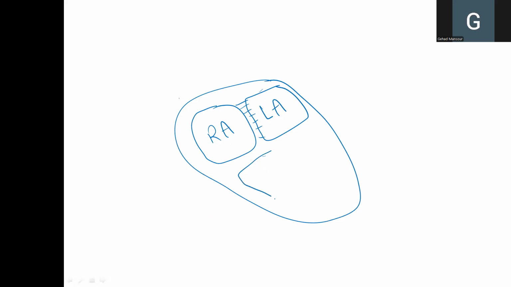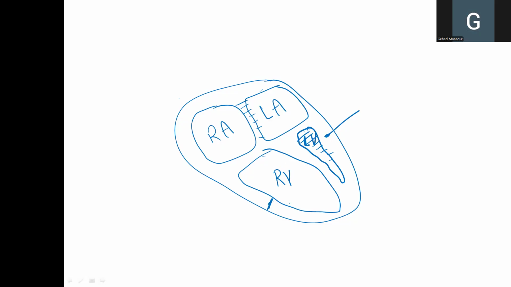Then we draw the right ventricle that takes most of the anterior surface of the heart, and that has a certain thickness of the myocardium. And then we draw the left ventricle, and there is a smaller portion of the cavity of the left ventricle that appears. So this is the cavity of the left ventricle.